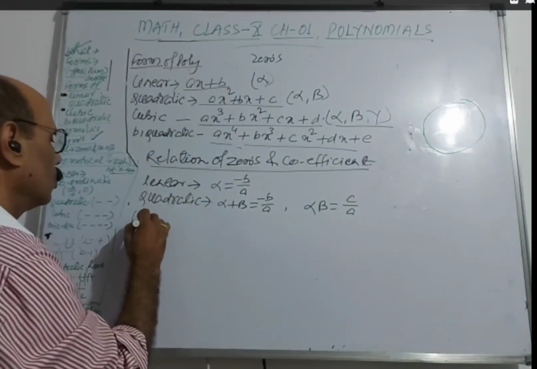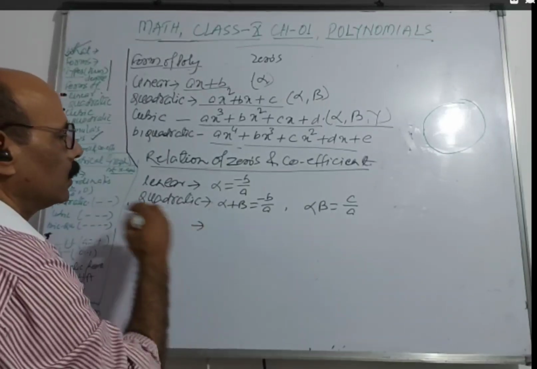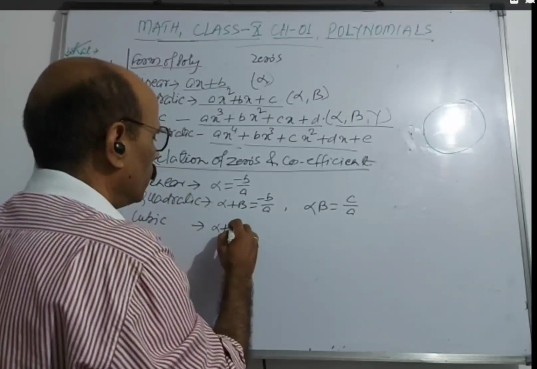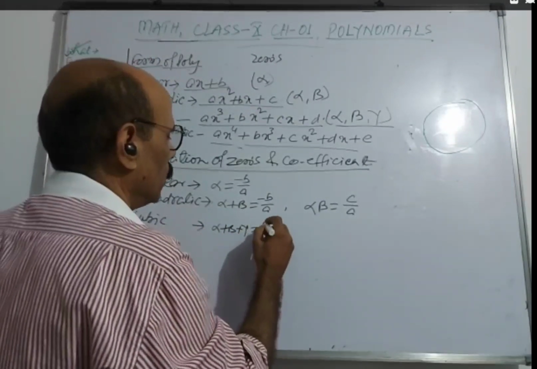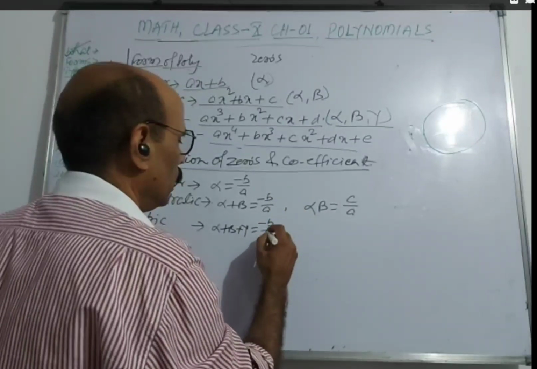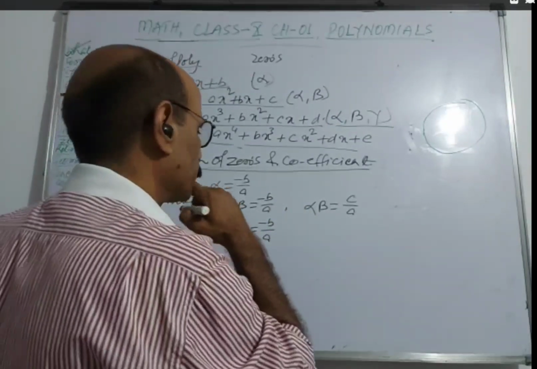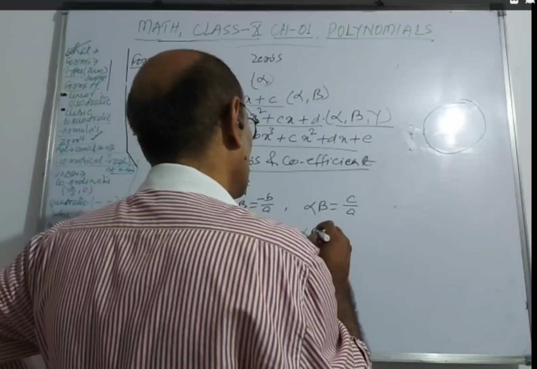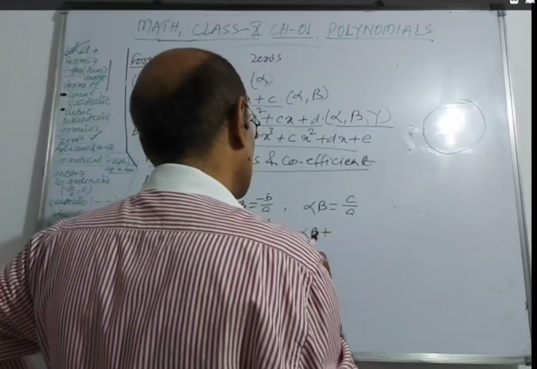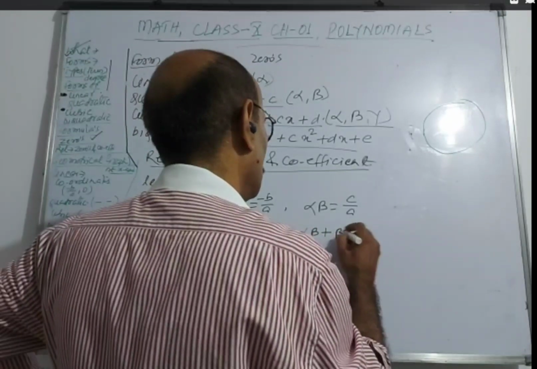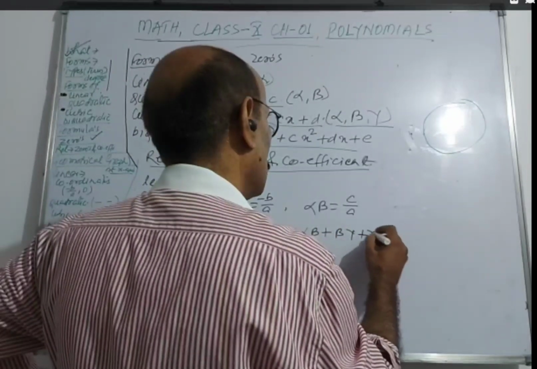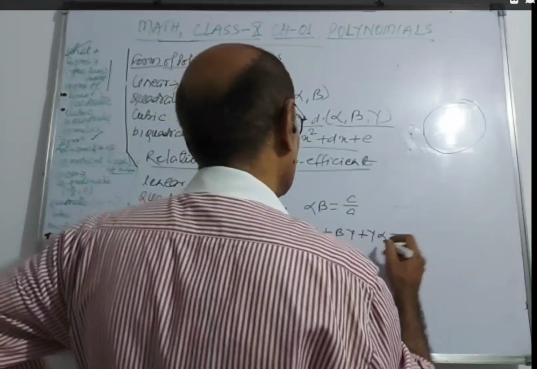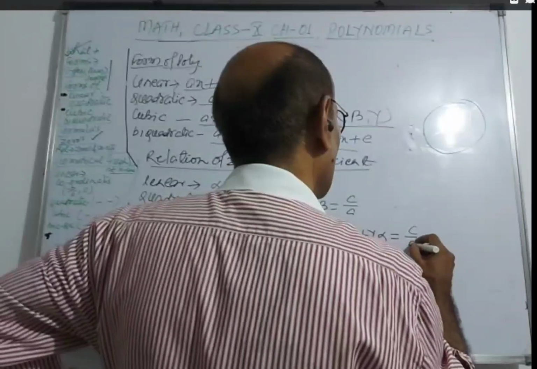Now come to cubic. In this there are three zeros: alpha, beta and gamma. Here alpha plus beta plus gamma is equal to minus b by a. Next, alpha into beta plus beta into gamma plus gamma into alpha is equal to c by a.